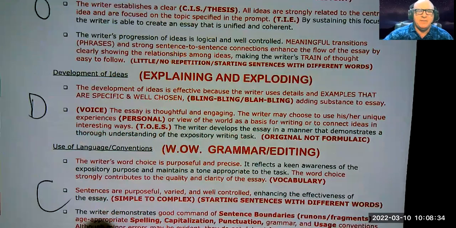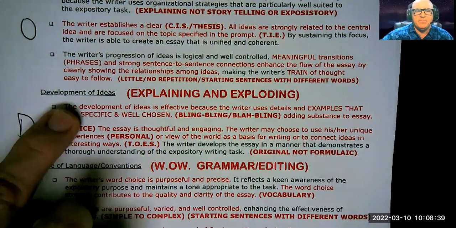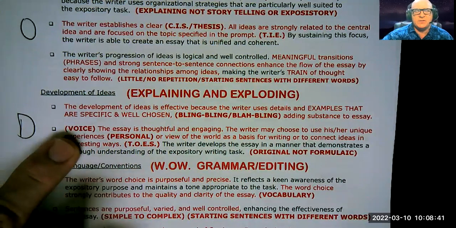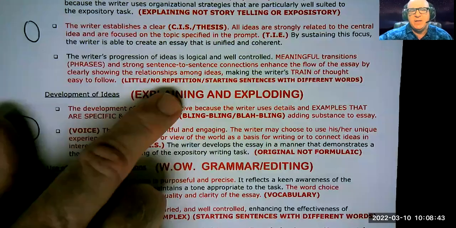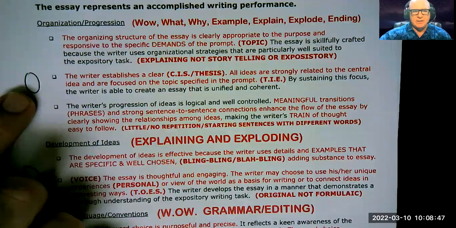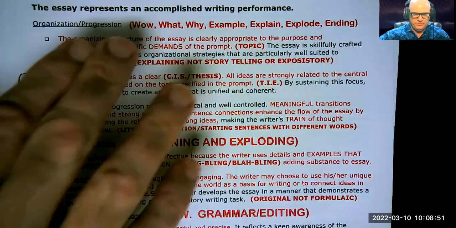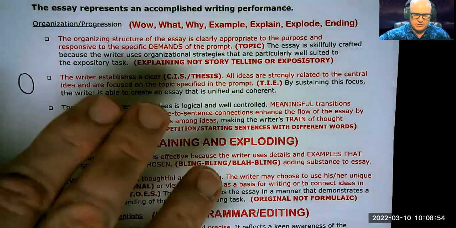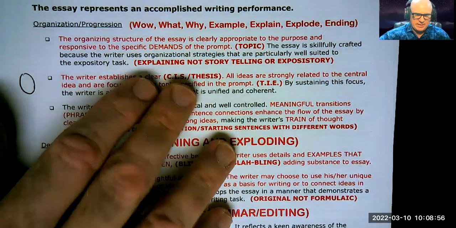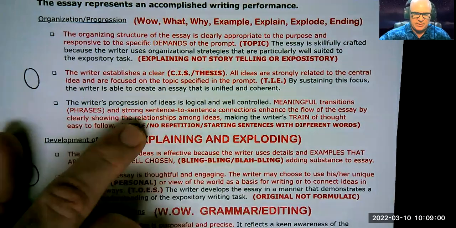The development of ideas section has 2 bullets: development with voice, the explaining and the exploding of the essay. The O of DOC, the organization, the structure, the thesis, the central idea, controlling idea, and as you move from idea to idea.